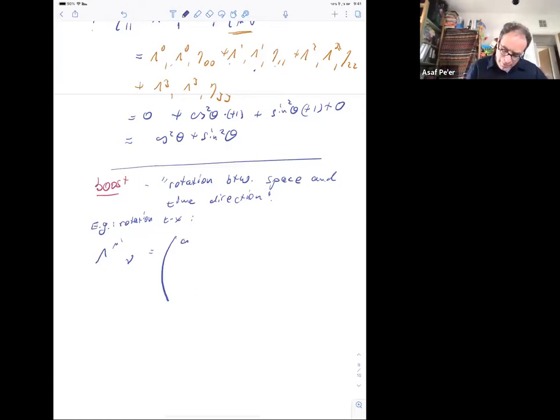So I have a cosine hyperbolicus phi, and then there will be an extra minus sign: minus sine hyperbolicus phi, 0, 0, and then minus sine hyperbolicus of phi, cosine hyperbolicus of phi, 0, 0, 0, 0, 0, 1, 0, 0, 1.